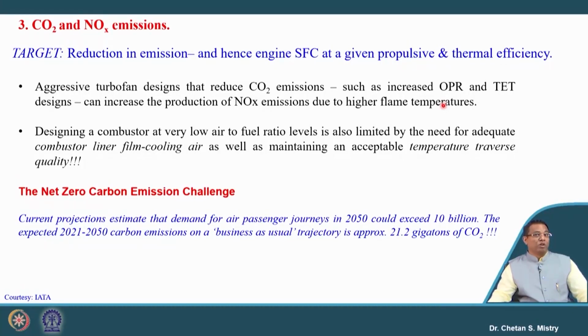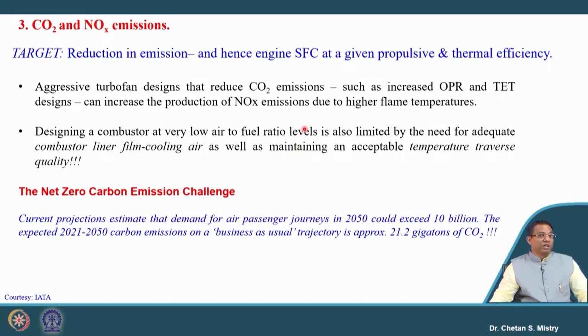So, in order to address the reduction of CO2, we have options, but at the same time we have emission of NOx. A special kind of combustor needs to be designed in order to handle a low air to fuel ratio. That is required, along with film cooling, and at the same time the temperature traverse quality will deteriorate.